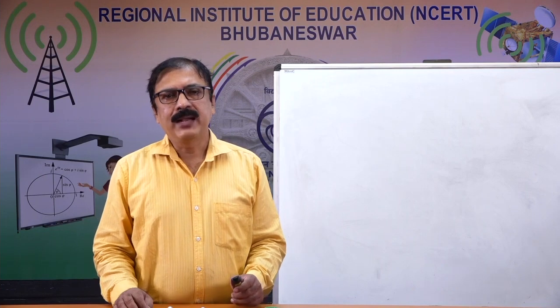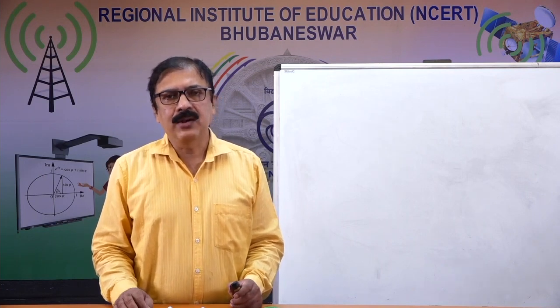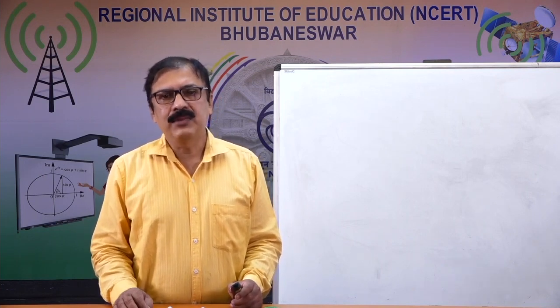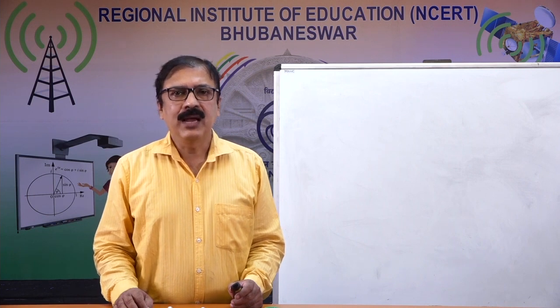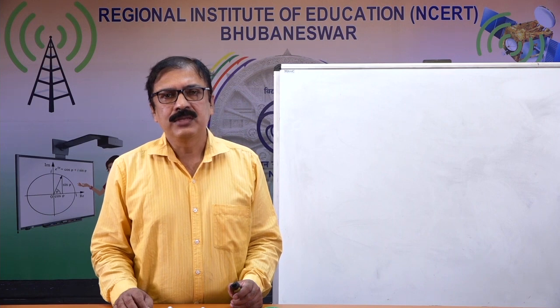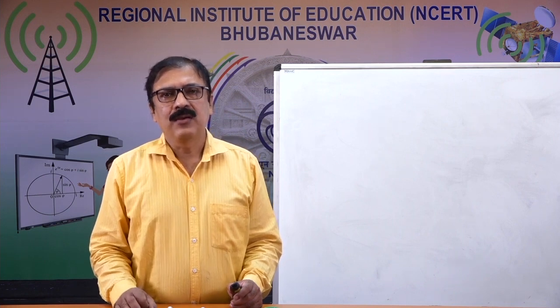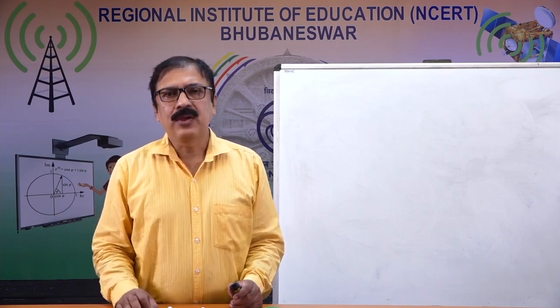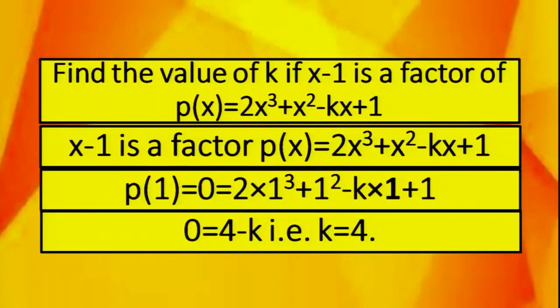Now by taking minus k to the left side of the equation, we get k is equal to 4. See, by using the factor theorem, we can solve such types of problems. Now look at the screen. Here we have another problem.